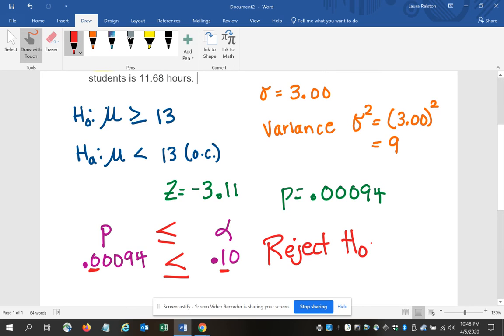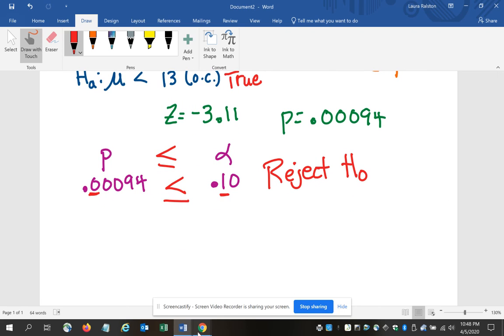Now, let's go back and think about what that means. If we reject the null, that means based on the evidence, the null is false, which means the alternative is true. If we reject the null, the alternative is true.